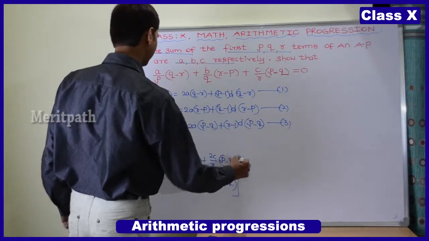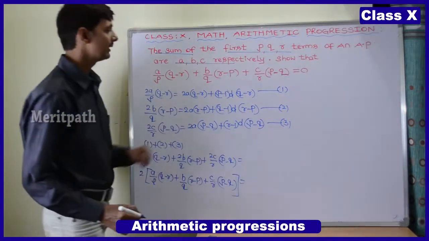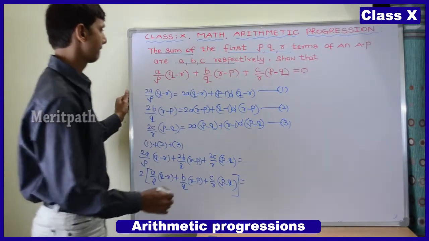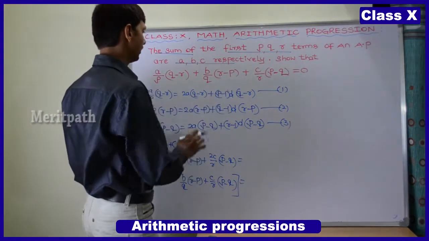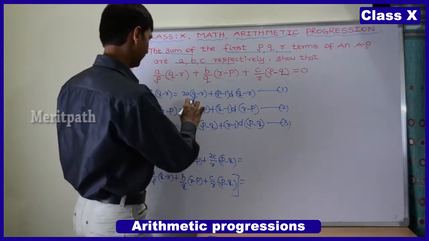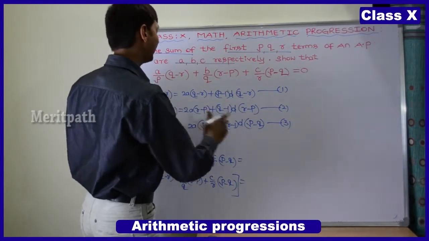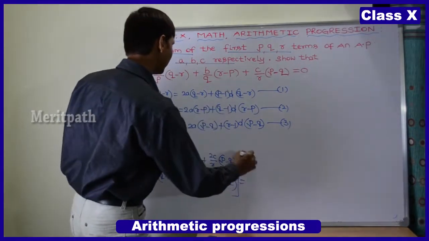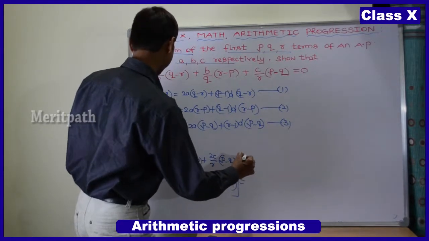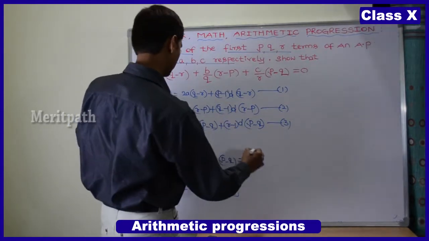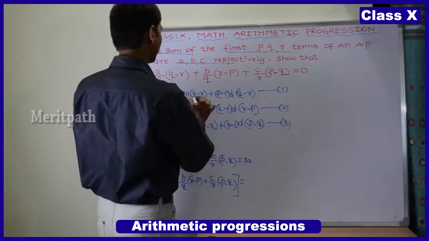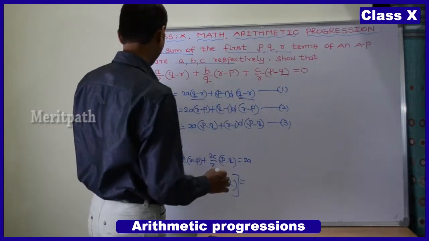So the right hand side we need to find out. On the right hand side we can observe q minus r is common.